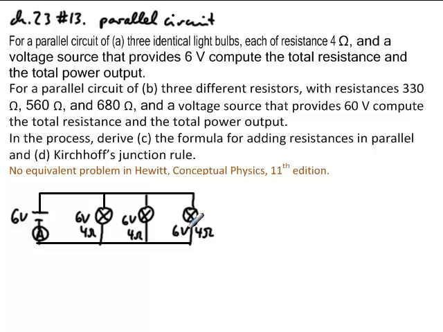Then it's saying the current divides among the parallel branches. Ohm's law applies separately to each branch. At this point we actually don't know what the current is, but we can calculate it in just a moment. What we do know is that the current divides among the parallel branches.